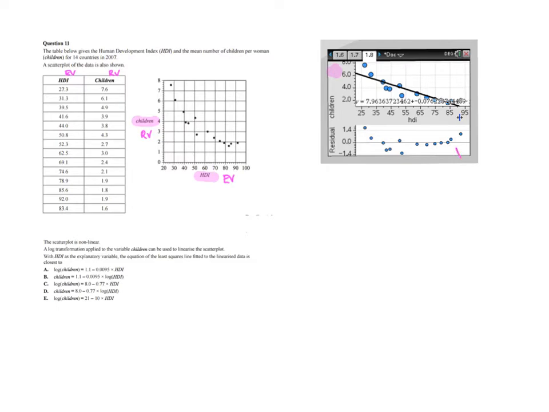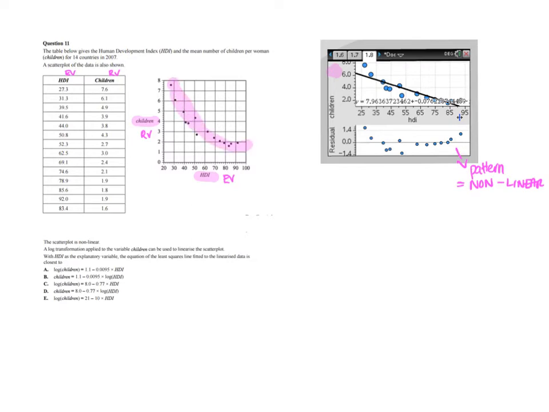what we see is that we are seeing a pattern in here. Because there's a pattern, that indicates non-linear, and we will need to do a transformation. So we need to look at part of our original scatter plot, so I'm going to use this one. I can see here that it's that curve.